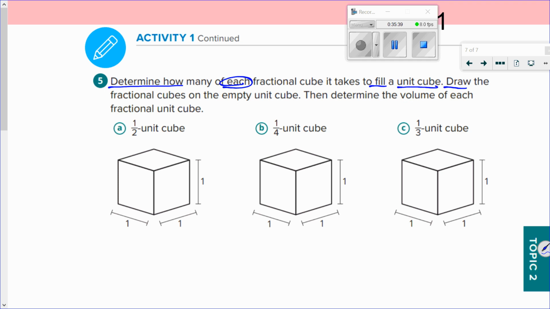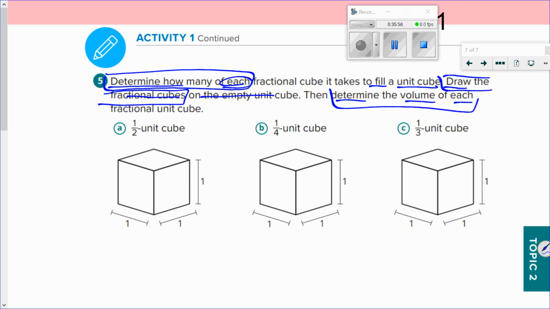Draw the fractional cubes on the empty unit cube. Then determine the volume of each fractional unit. So I've got 3 things. Determine how many of each. I need to draw them in. And I need to determine the volume for each of them.